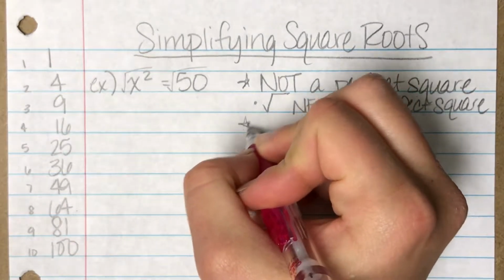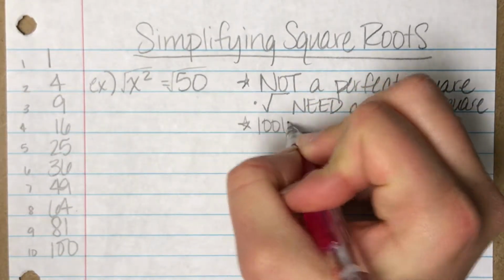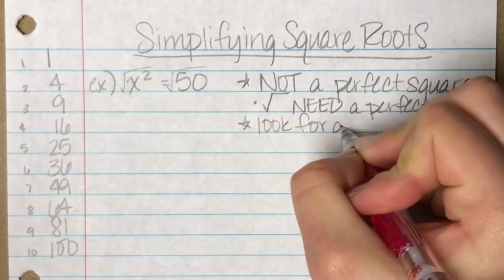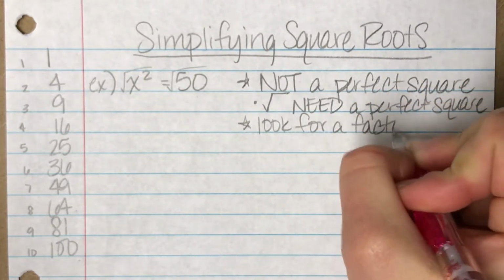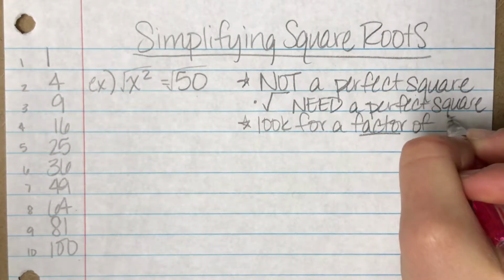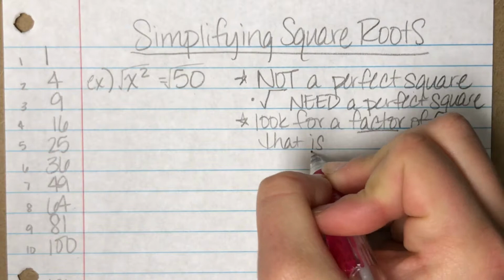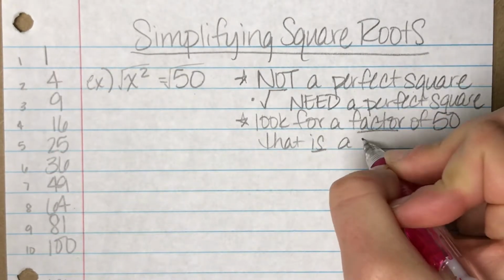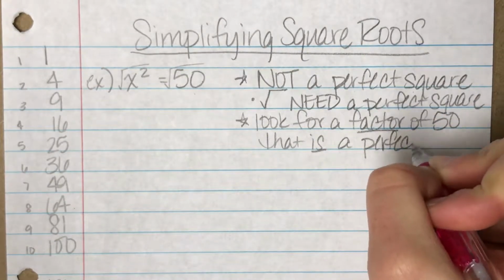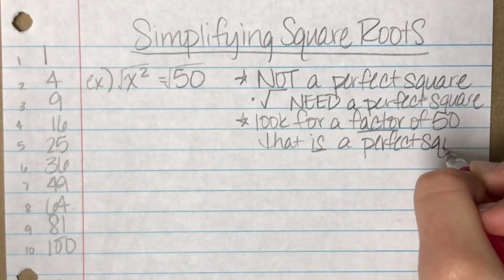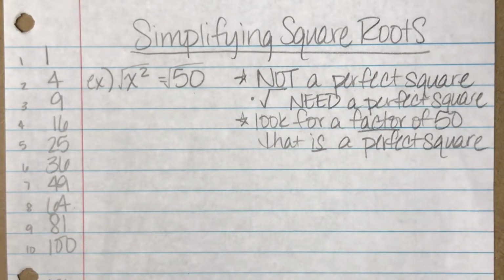So the way we're going to handle this is we're going to look for a factor of 50 that is a perfect square, okay? In essence, we're saying 50 isn't a perfect square, but is there a perfect square hidden within 50?